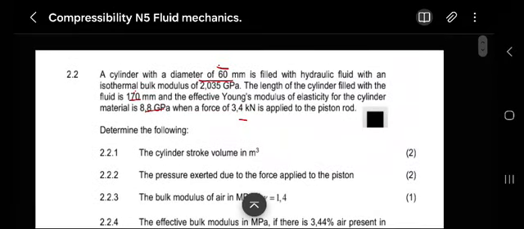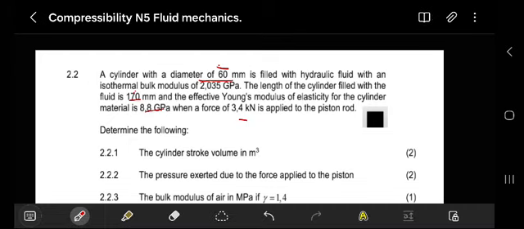Okay, let us solve 2.2.1, the cylinder stroke volume. We know that volume is area multiplied by the stroke length. This is just basic stuff.